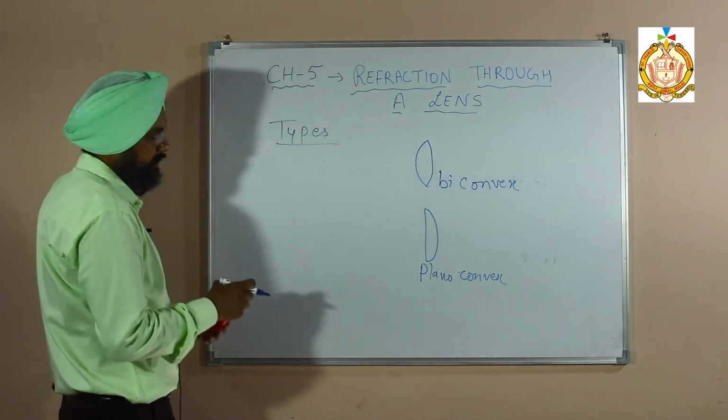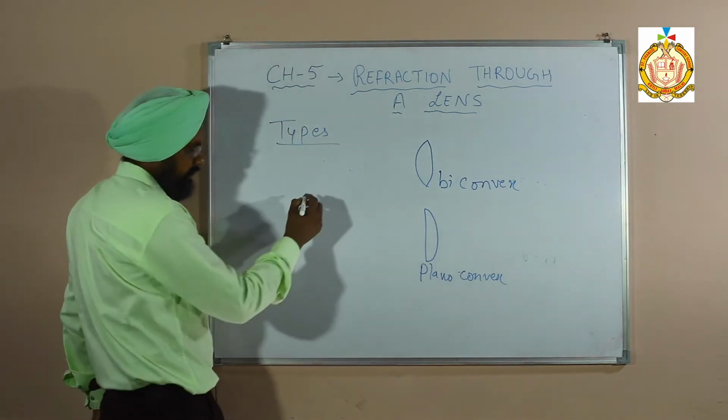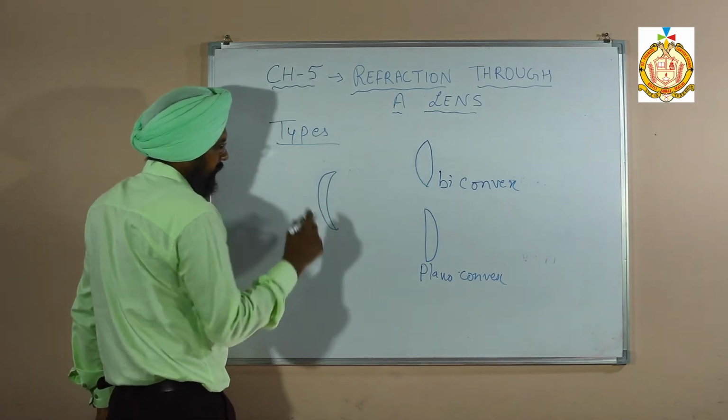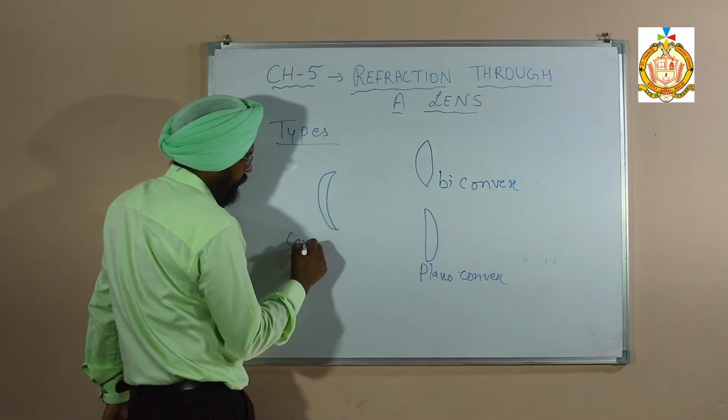The third one is a very important topic: one side is concave and the other side is convex. That means concavo-convex.